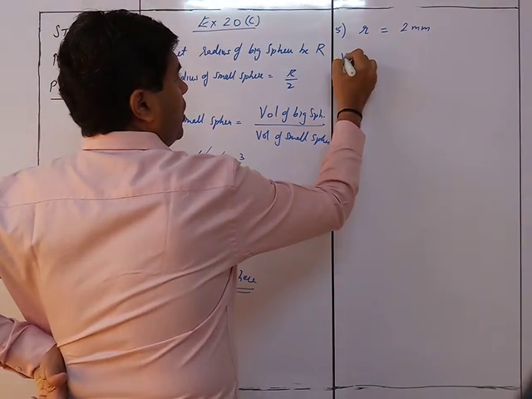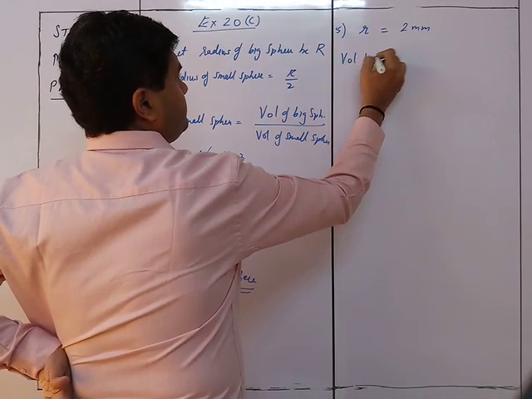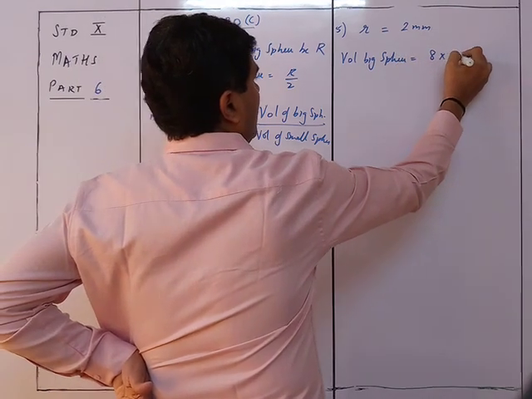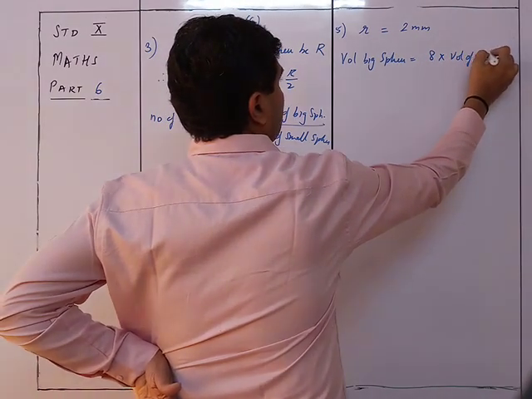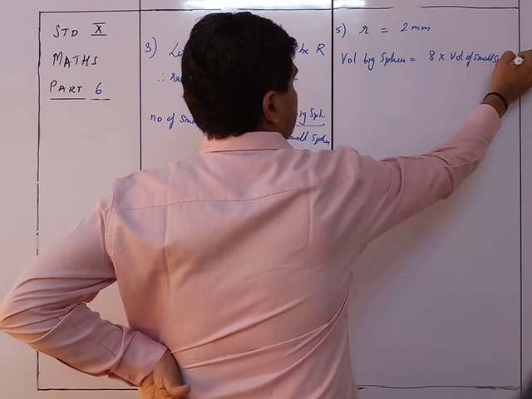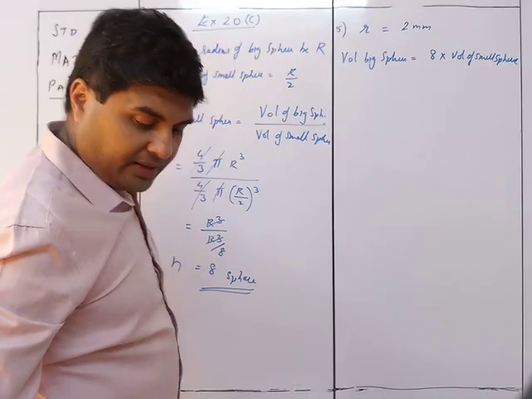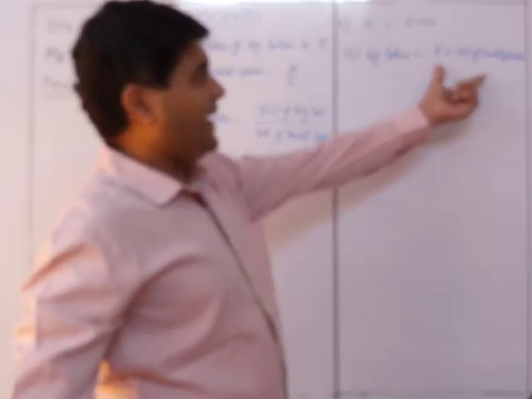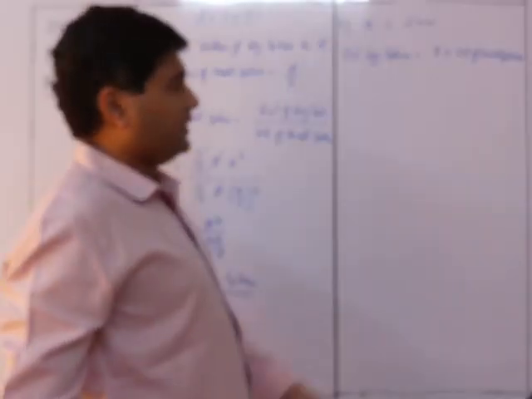It is given that volume of the big sphere is equal to 8 into volume of small spheres. There are 8 such metallic spheres which are casted into one, so the volume of 8 such spheres is equal to the volume of this big sphere.